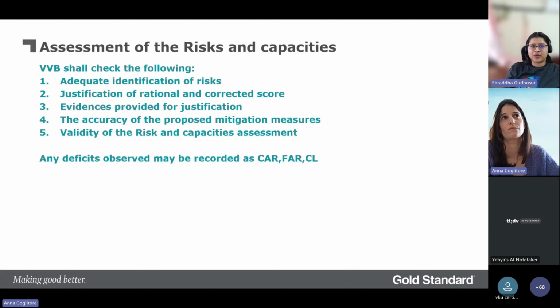The VV needs to evaluate through the evidences whether the proposed mitigation measures are adequate or not. The validity of risk and capacities assessment should be checked every time. The assessment done during the time of design certification should be checked for validity throughout the crediting period. In case of any deficit observed, those should be recorded as CAR, FAR, or CL as required.